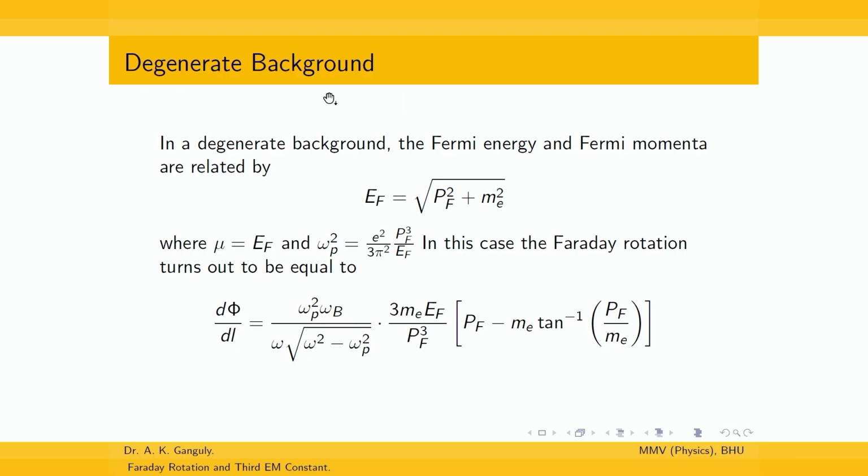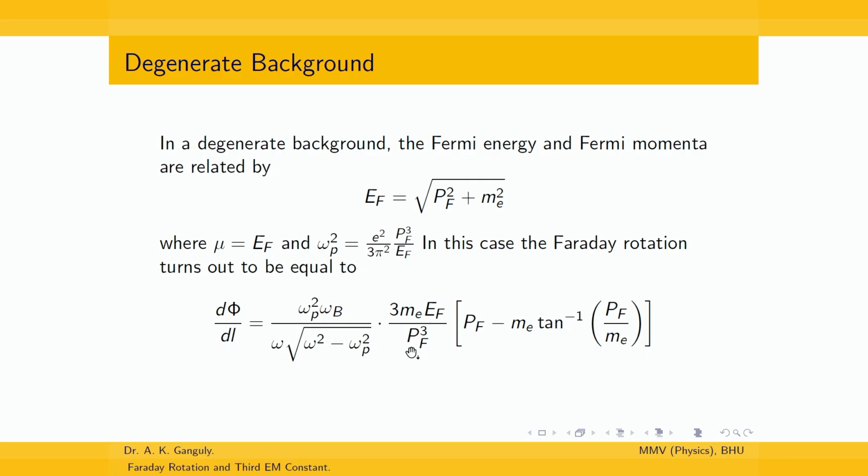In the degenerate background, the rotation per unit length is given by this expression. So, omega p square as it is, it stands over here, plus some correction factor that emerges, which is retained on the right hand side, and this total thing is what gives us the rotation per unit length.